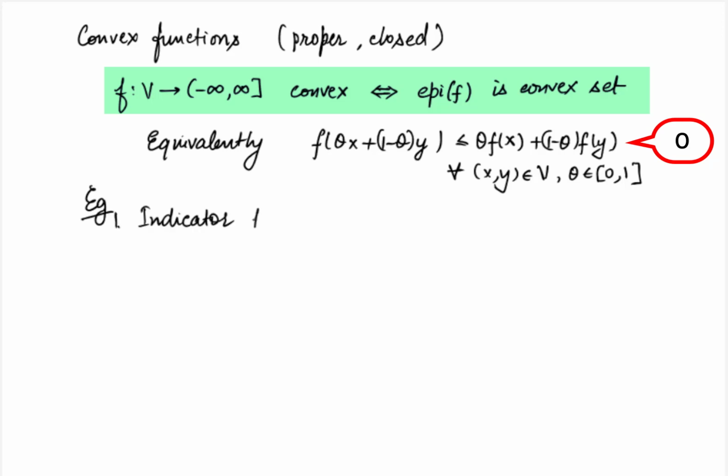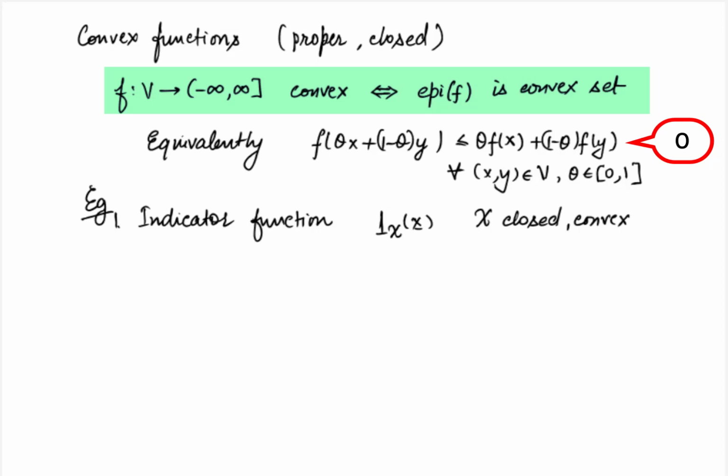For instance, consider the indicator function of a closed convex set, calligraphic X. Recall that the indicator function is an extended real valued function that takes the value 0 when x is in calligraphic X and infinity otherwise. Also recall that we derived the epigraph of the indicator function of calligraphic X in the last video, and it turned out to be the set of all x, t such that x was in calligraphic X and t was non-negative.